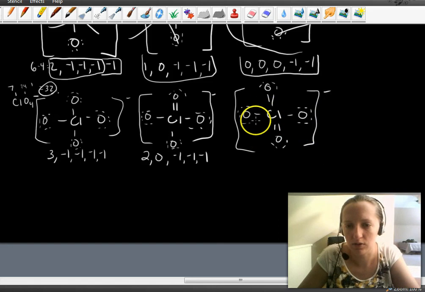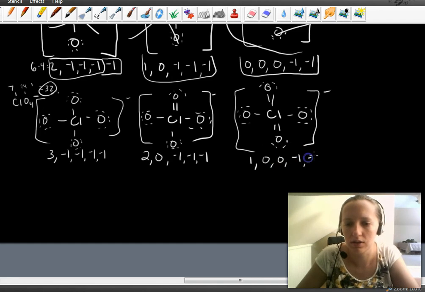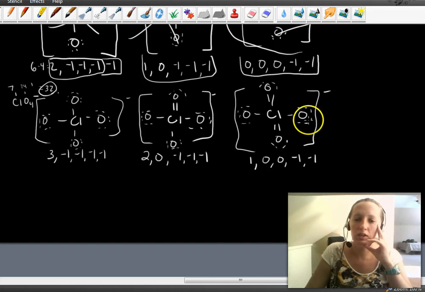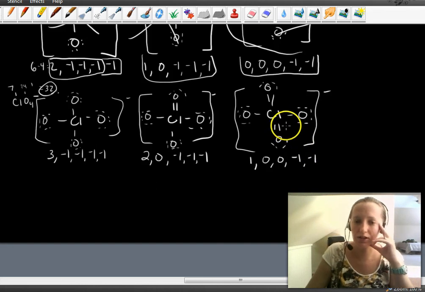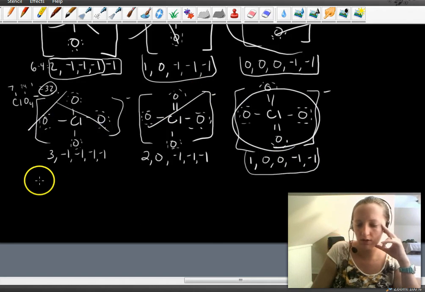And we end up with a score of 7 minus 6, so 1, and then a couple of 0s for double bonded oxygens, and a couple of -1s for our single bonded oxygens. And we can't keep going because, again, chlorine is only observed to get 12 in its expanded octet. So our best score is this one, with the 2 double bonds.